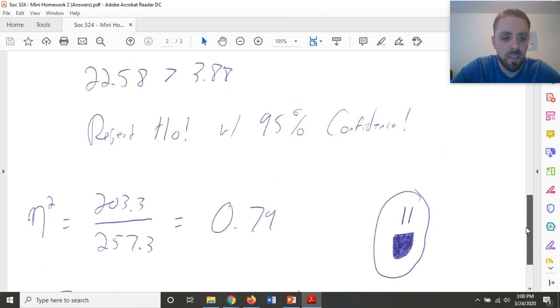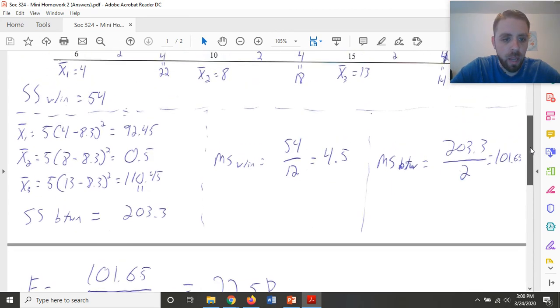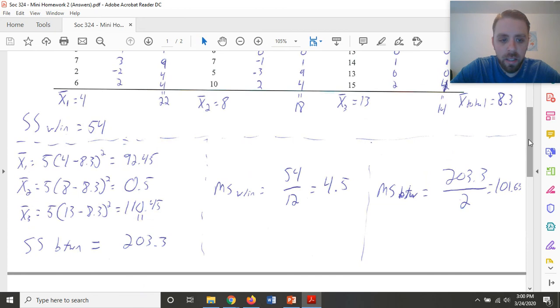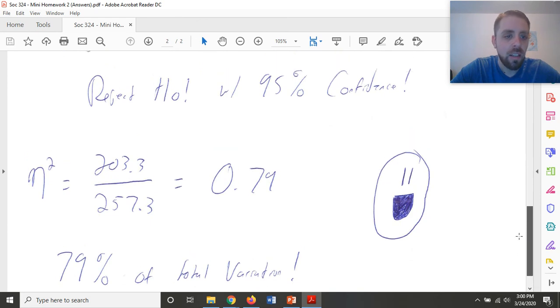Well, 257.3 is very simply my sum of squares between plus my sum of squares within. So I divide 203.3, that's my sum of squares between the groups, by my sum of squares total, and I get 0.79.